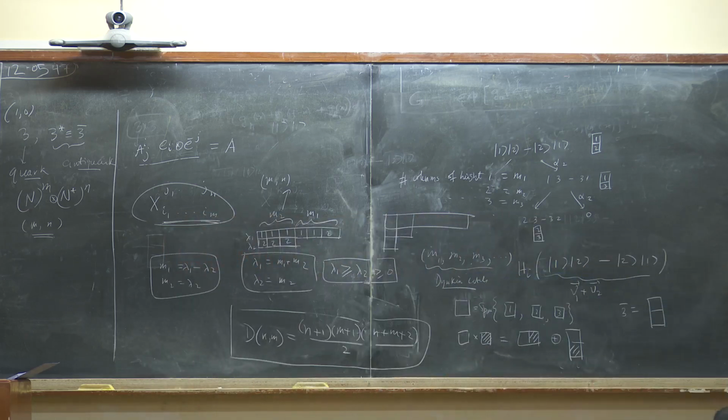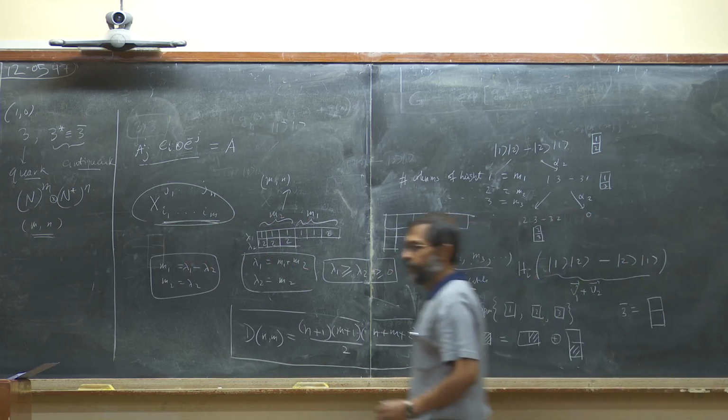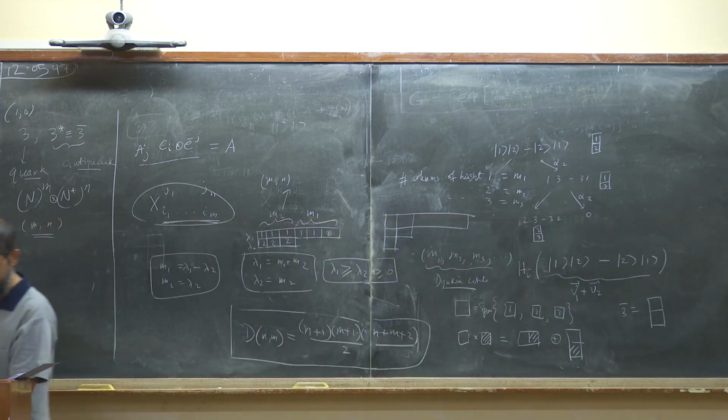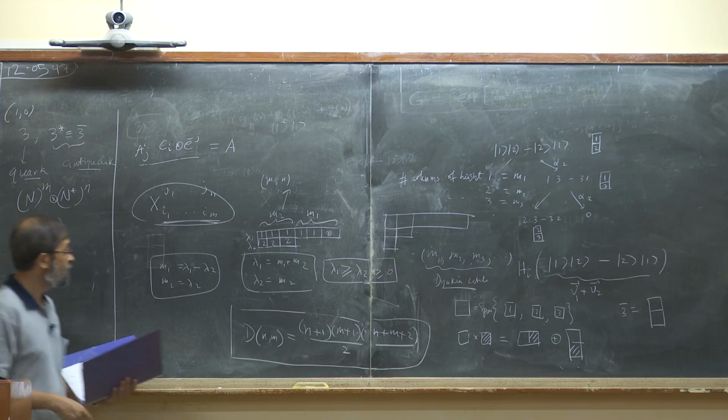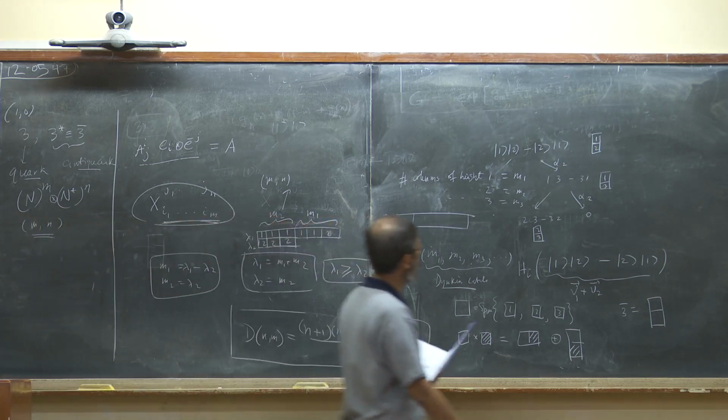So let me now say that there is a famous formula for the dimension of a representation. It's called the Weyl dimension formula.